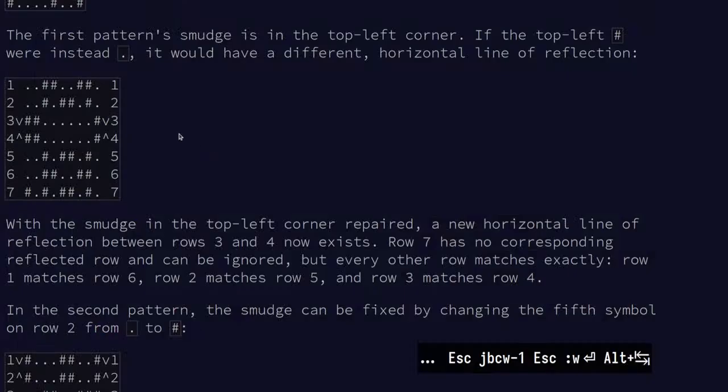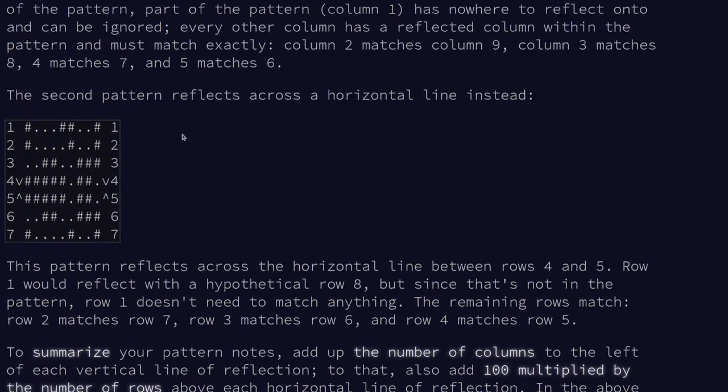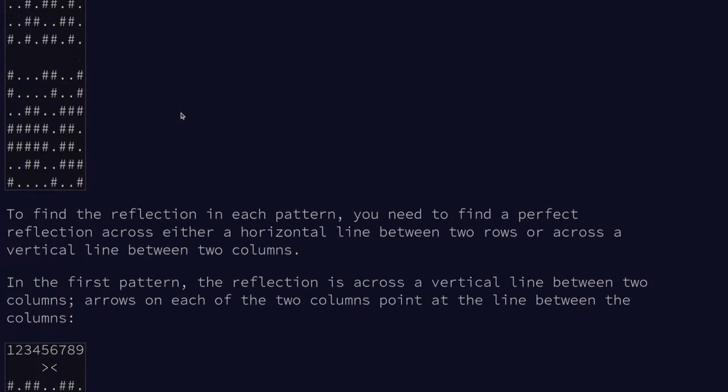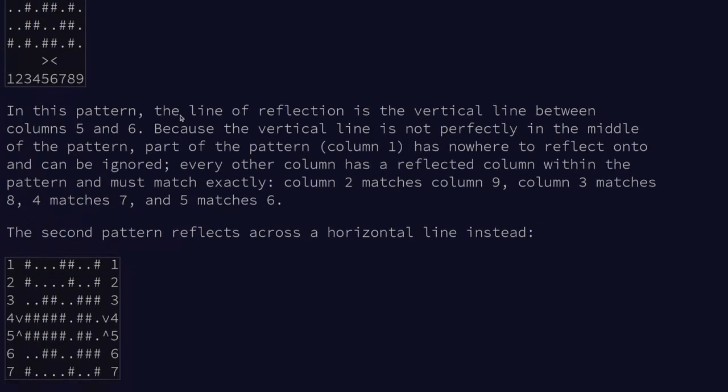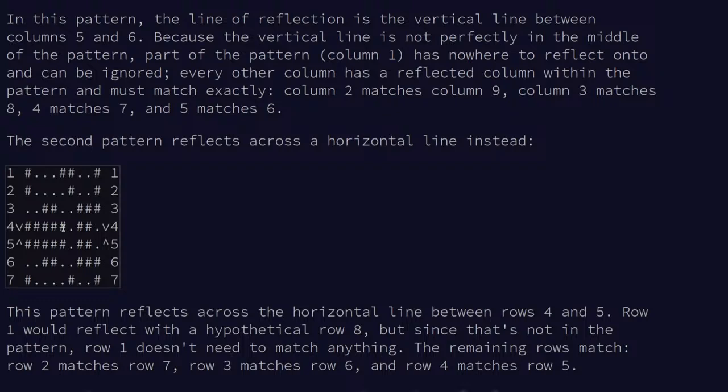Is there really no horizontal line for this part too? It is shown here, right? This one. It's bad. So except this row, everything is matching.